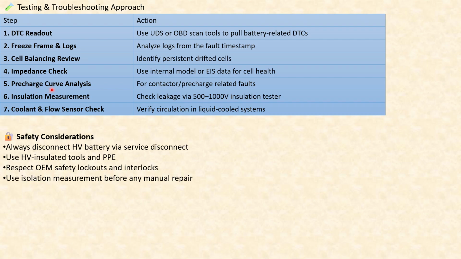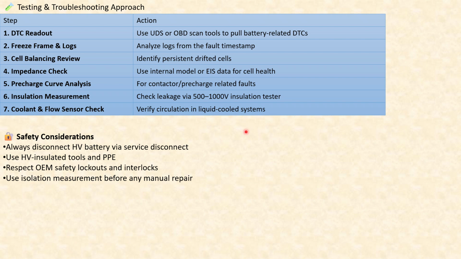Then pre-charge curve analysis for contactor pre-charge related faults. For insulation measurement, check leak voltage or use a 500 to 1000 volt insulation tester. Talking about the coolant and flow sensor check, verify circulation in liquid-cooled systems.